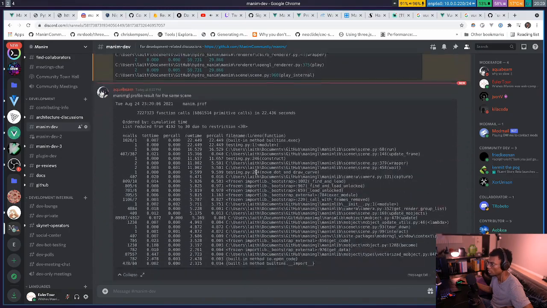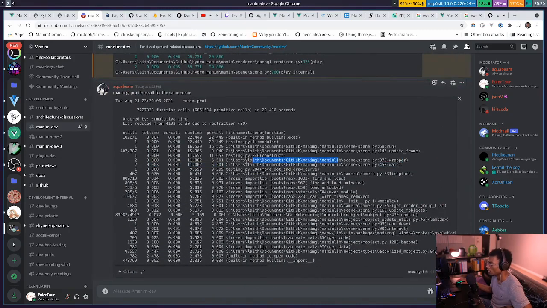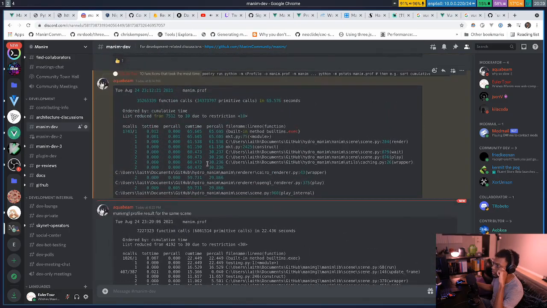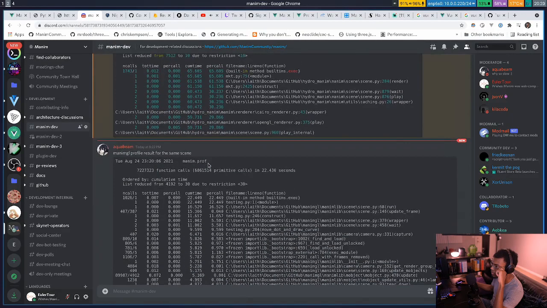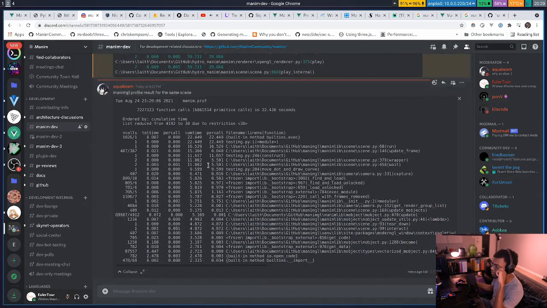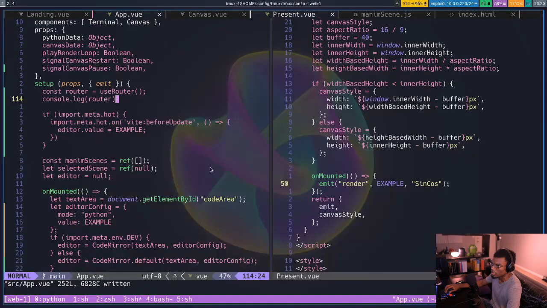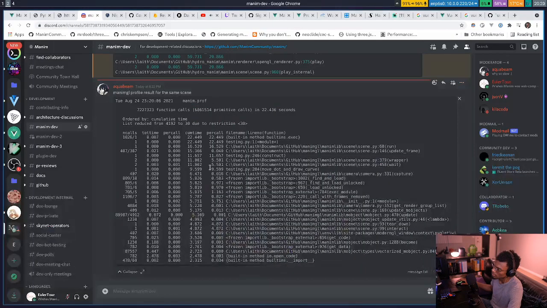It's showing more functions. Update frame run. Yeah, it's not. Move and draw curve wrapper. We had a lot more function calls too. It'd be pretty hard to tell without having a computer in front of me.